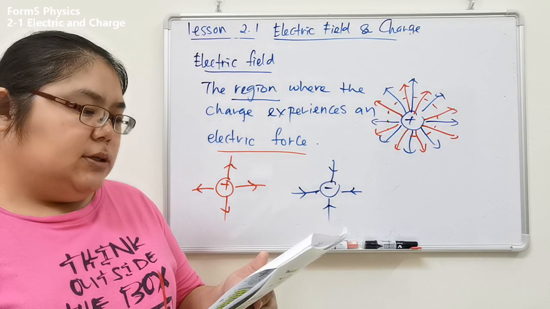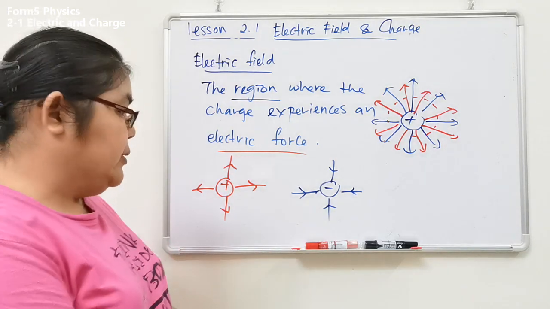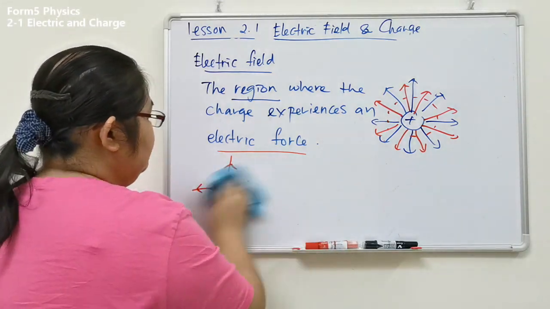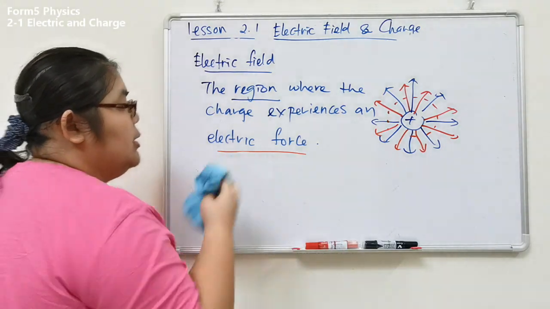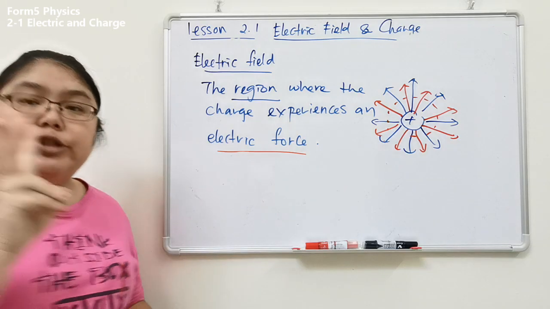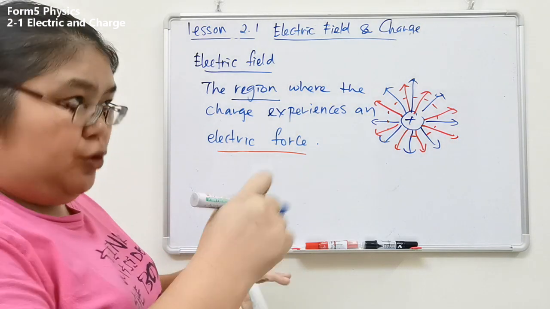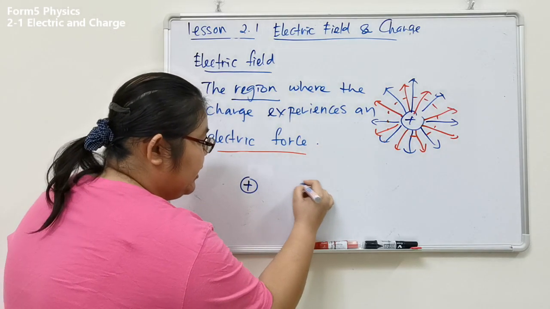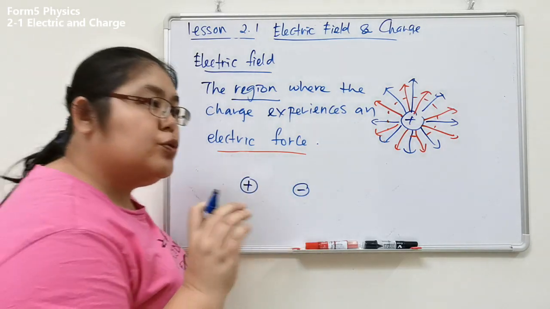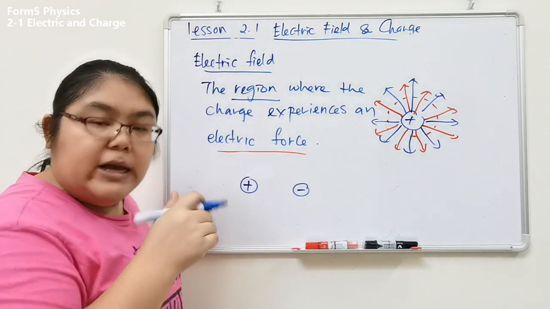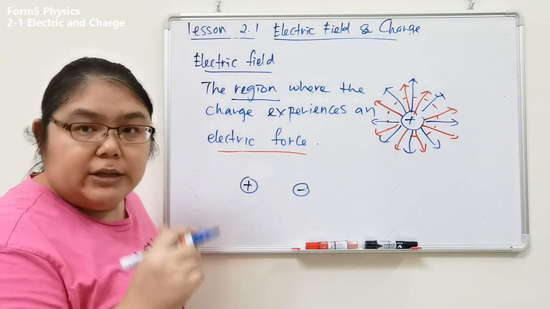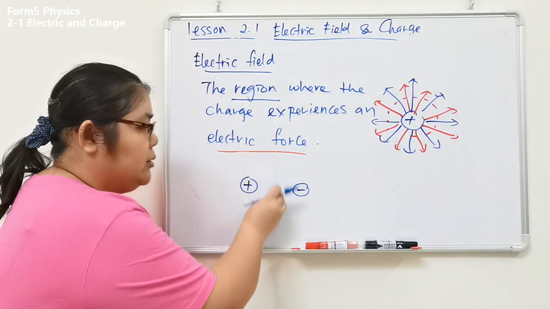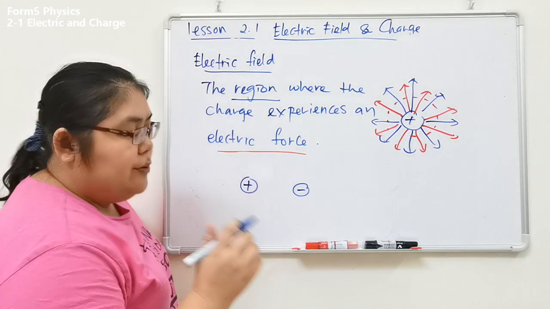Okay, now we're going to see an example of how to draw. Let's see here. I draw one example when two charges are put together, a positive and a negative. When the two charges are put together, they are unlike charges. They attract each other. So they attract each other at the center, which means they must have lines. You cannot leave it empty. How do we draw?